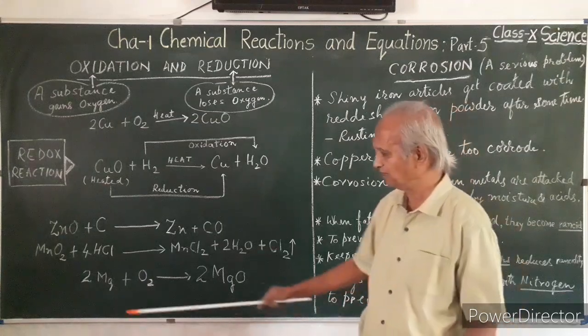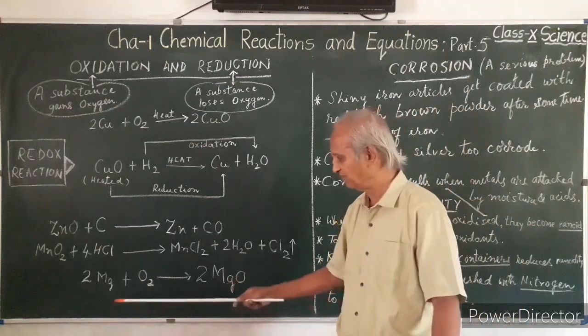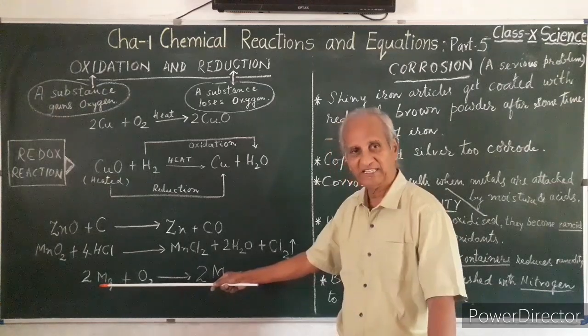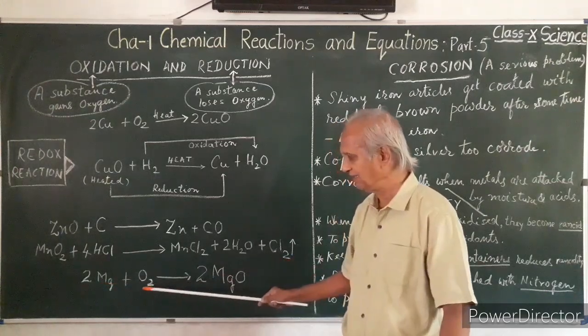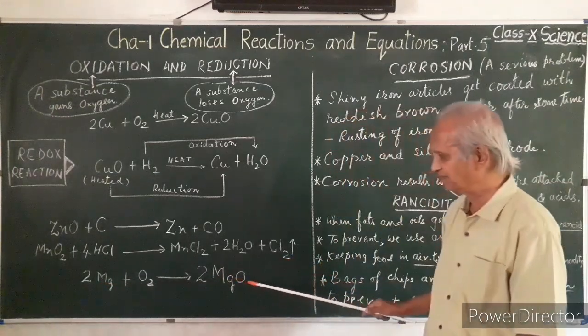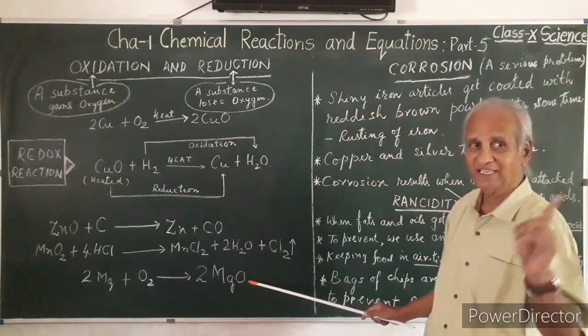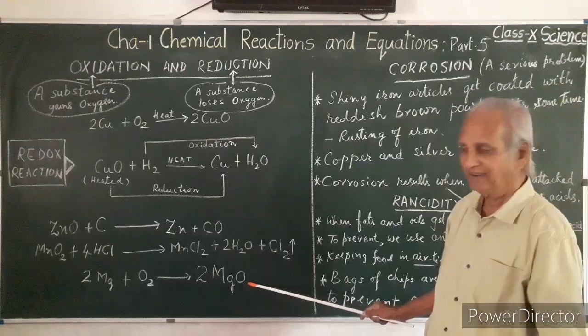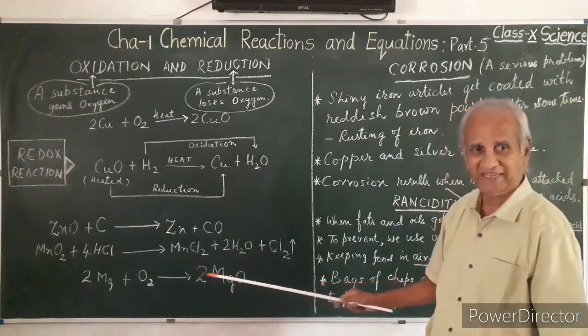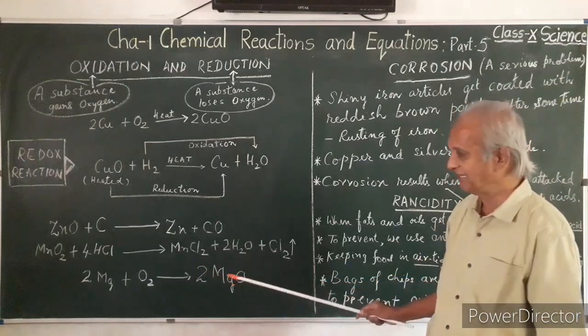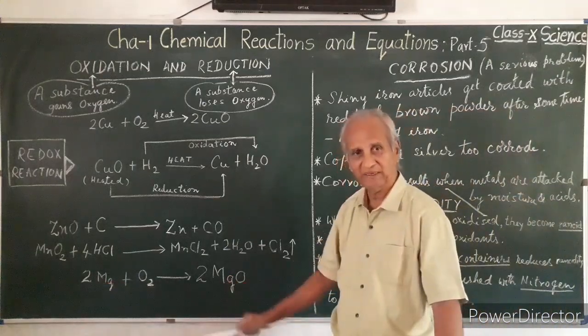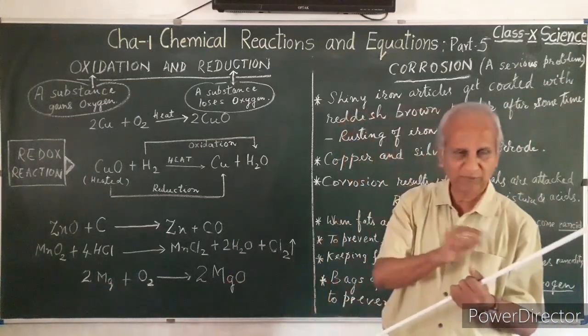Let's take one more. I told you right at the beginning, magnesium ribbon, when it is burned, takes in oxygen and it gets oxidized. It becomes magnesium oxide. Here you do not have reduction at all. It's a pure, complete oxidation reaction. Magnesium ribbon, I told you, has to be well polished.